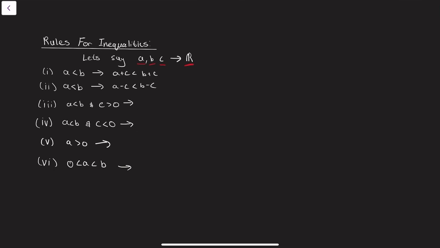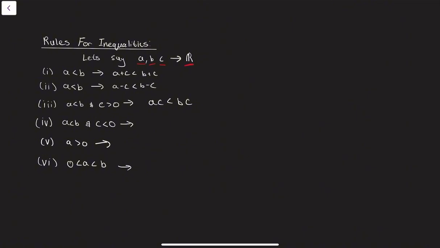You're just taking away a constant from both sides, so you should maintain your inequality sign. When we have A less than B and C bigger than 0, we have our scaling rule, meaning AC would be less than BC. You're just multiplying both sides by a positive scalar, so your inequality should be maintained.